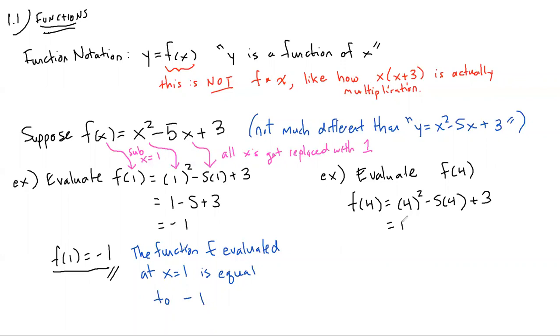I didn't mean for that, but it looks like I might be getting the same thing. 16 minus 20 plus 3. Yeah, it's also -1. I think you'll believe me when I tell you they're not all -1. Try plugging in 0, you'll see you get 3. But we also get f of 4 is -1, so that would be our answer.